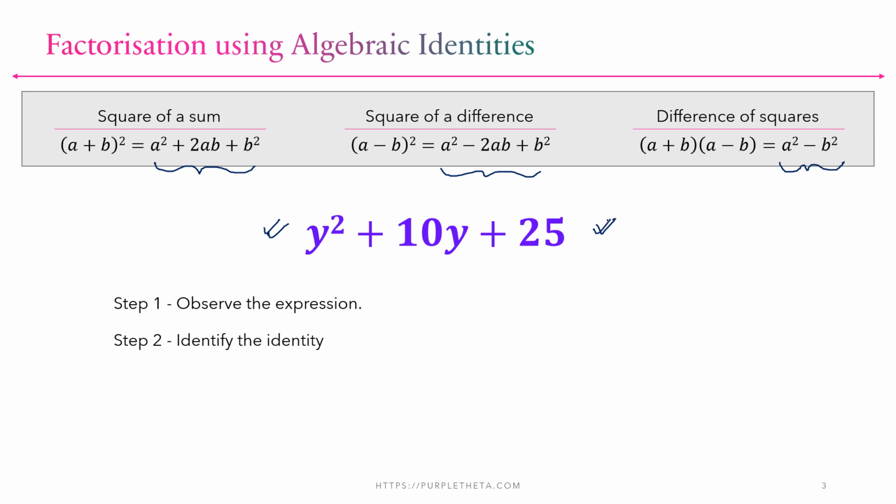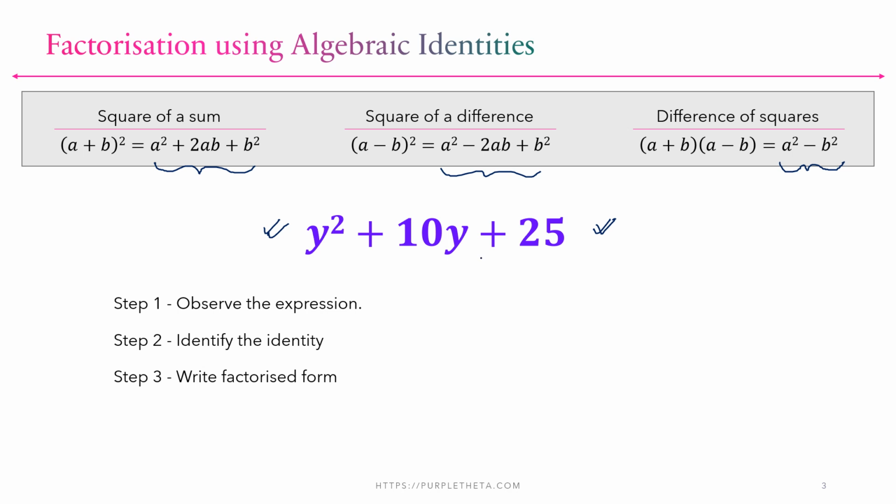Once we identify the identity, then we need to write the factorized form. If the expression has a form that fits the right hand side of one of the identities, then the expression corresponding to the left hand side of the identity gives the desired factorization, right?